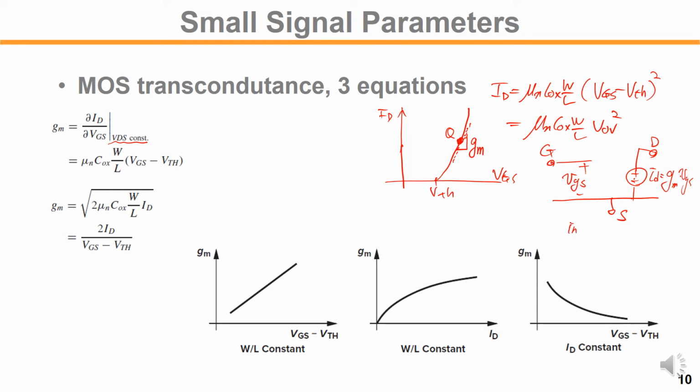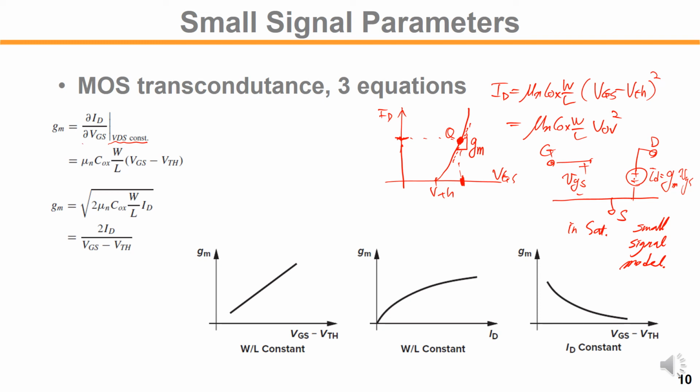This is for the saturation region, the equivalent small signal model in saturation. To extract this small signal GM transconductance, we have to identify what the large signal current and VGS are, right? That must be identified first, and once that is determined, then we take the derivative from here.